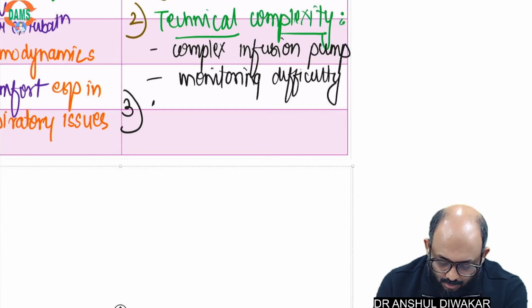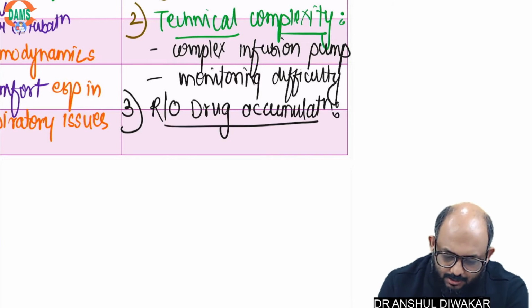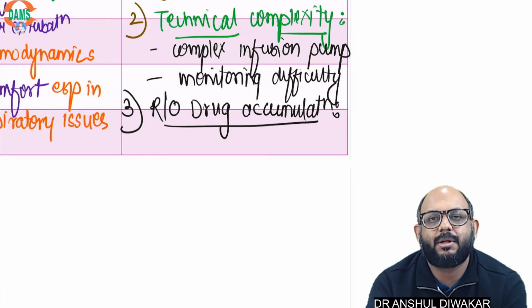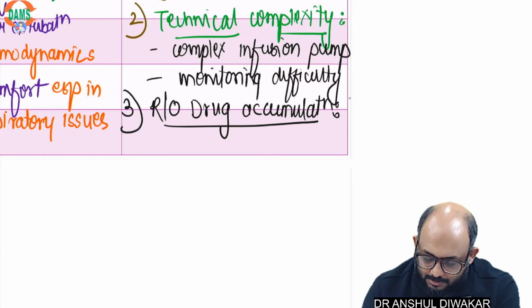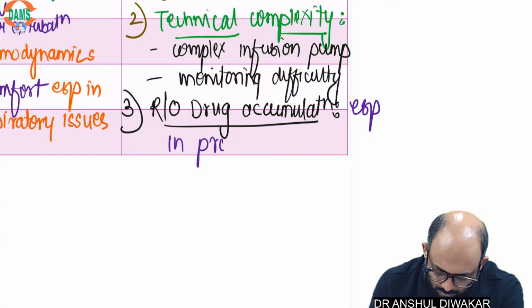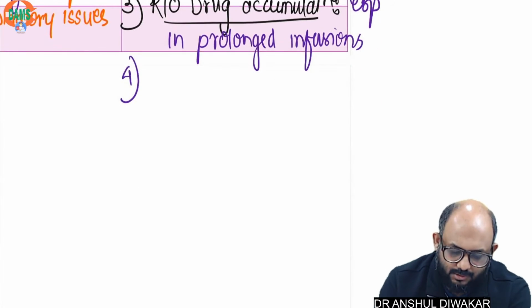Also, there is a risk of drug accumulation, especially when you give over long periods of time. Suppose there's a 6-hour surgery, then we have read the concept of context sensitive half-life. At some point of time, the drug is going to have an increased context sensitive half-life, especially in prolonged infusions.